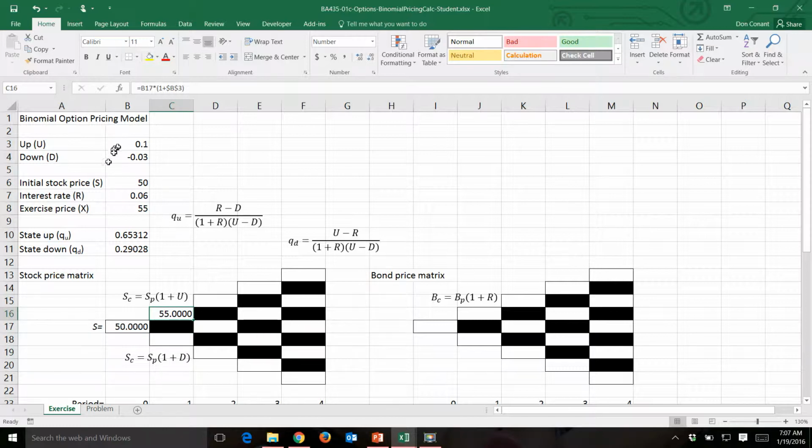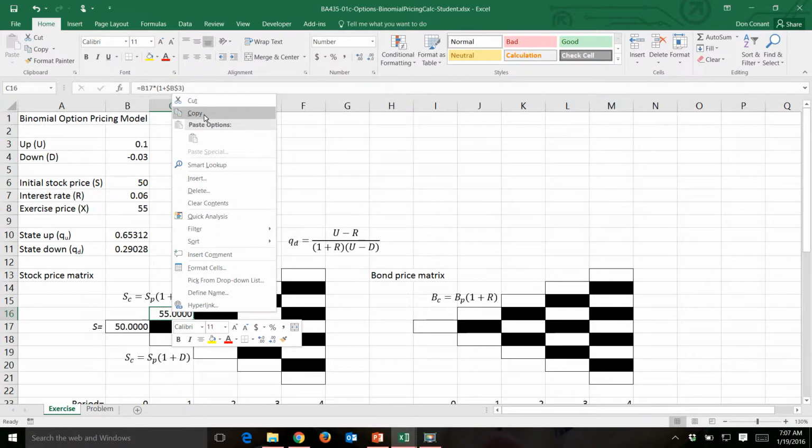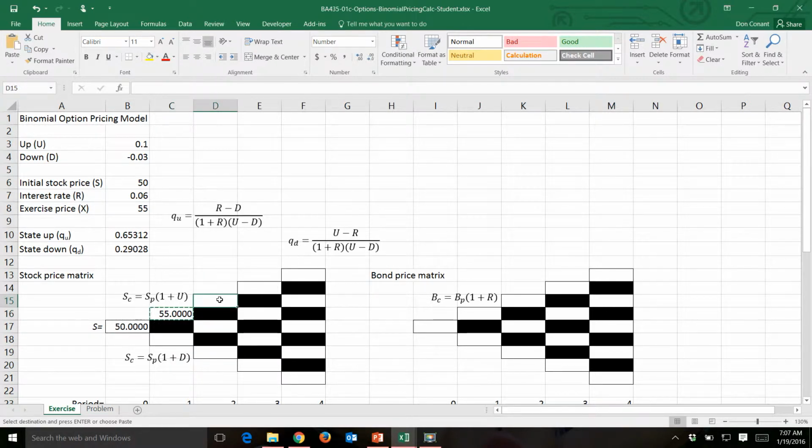If I just do a Control C, or if I right click here and select copy, either way, I can go here and do a Control V and paste that value, then a Control V and paste that value, and a Control V and paste that value, and that will give me all of my upside pricing. Now do my downside pricing the same way.